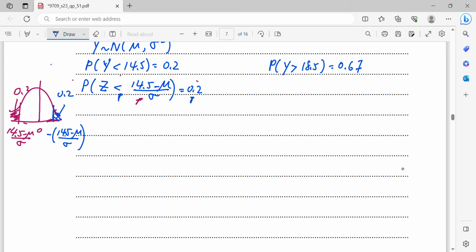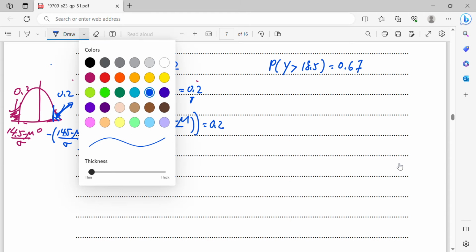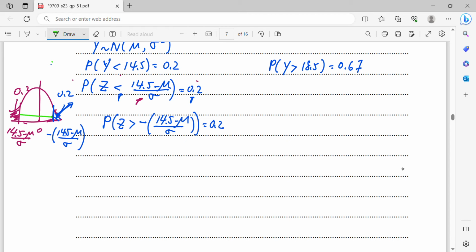Now, when this upper region is 0.2, I will write here P(Z more than negative of (14.5 minus mu) over sigma) is 0.2. But the normal table always gives the region towards the left hand side. So when the right hand side is 0.2, the left hand side is going to be 0.8.